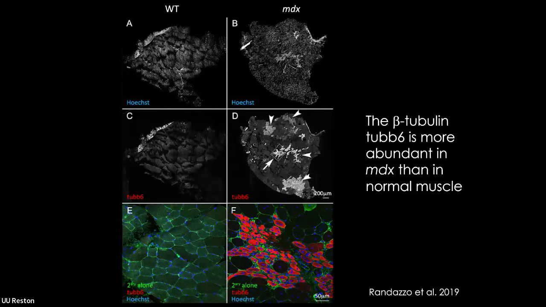Also, I don't know if you can see that, but the top 6 fibers appear to have the nucleus in the center, and that's also a sign of abnormality, but also of regeneration.